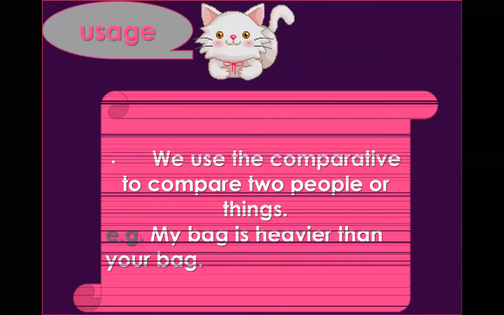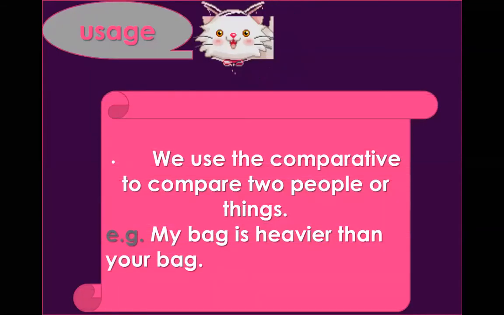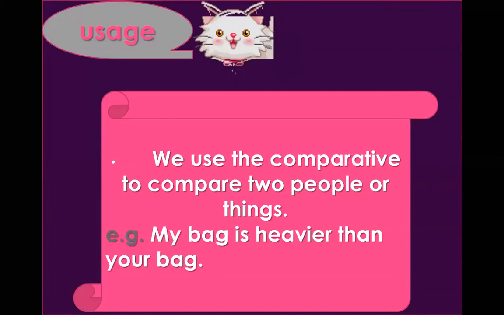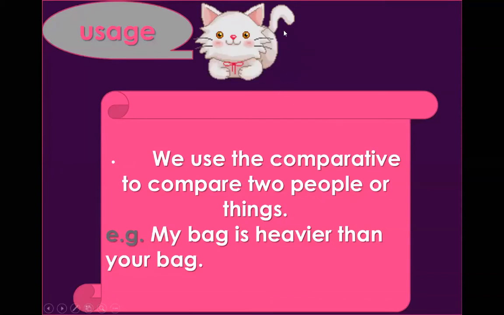We use the comparative to compare between two people or two things. Like this example, my bag is heavier than your bag. Here I'm comparing between my bag and your bag.